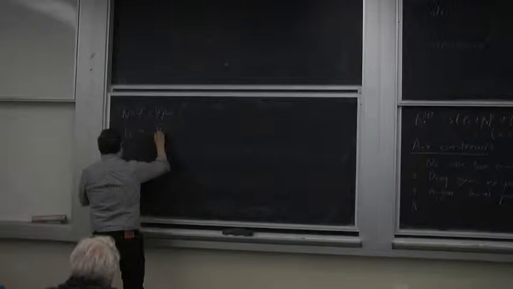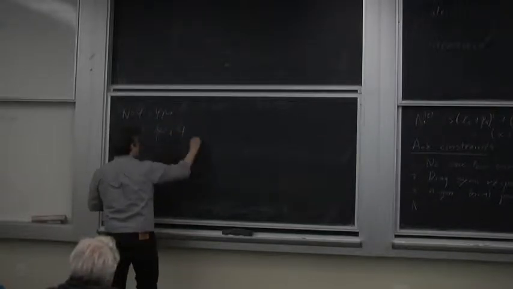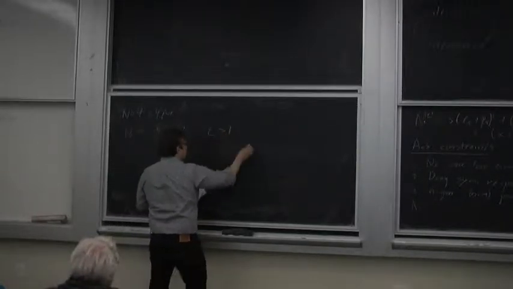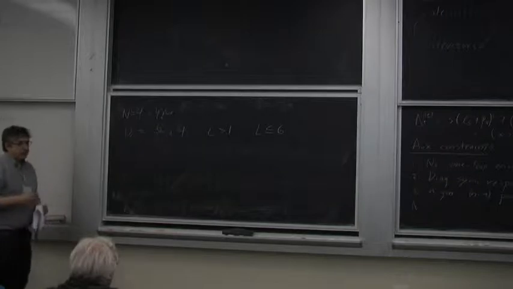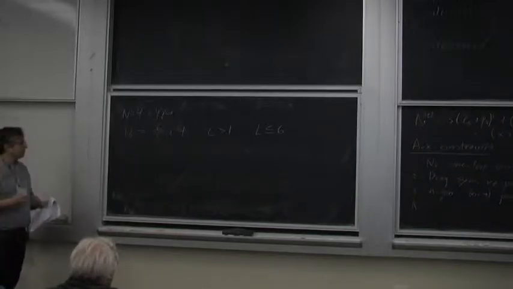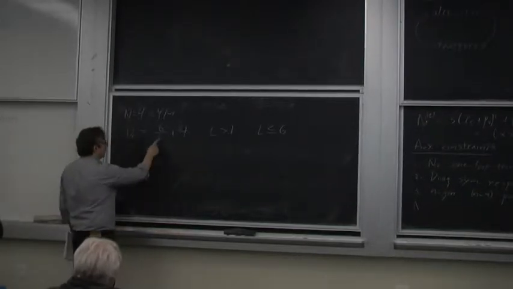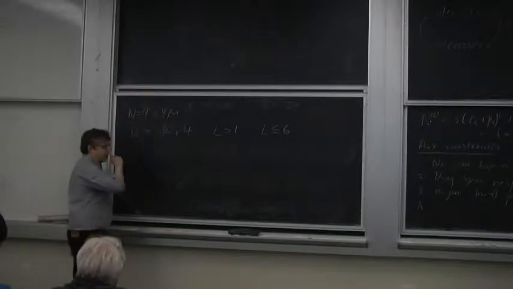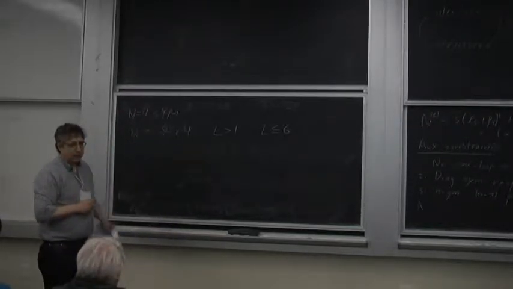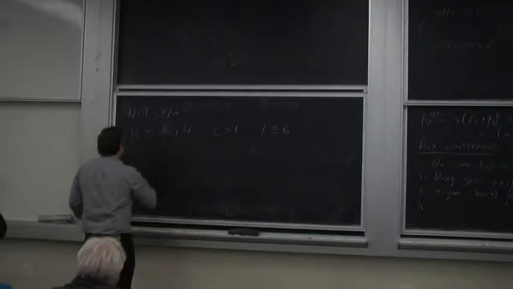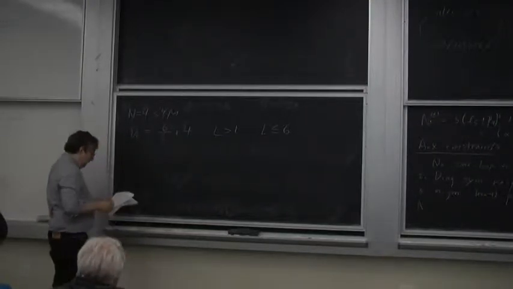And for n equals 4 super Yang-Mills, for L greater than 1, this has been checked explicitly, L less than or equal to 6, but it's very likely it's true in general for any number of loops. You might notice that this implies that n equals 4 super Yang-Mills is ultraviolet finite in 4 dimensions, because you're never going to hit 4 at any loop order.